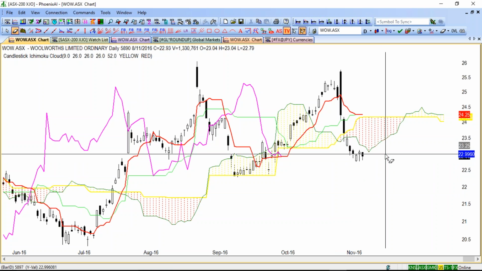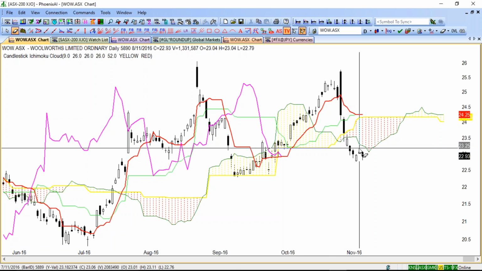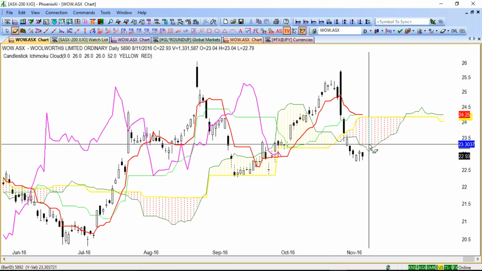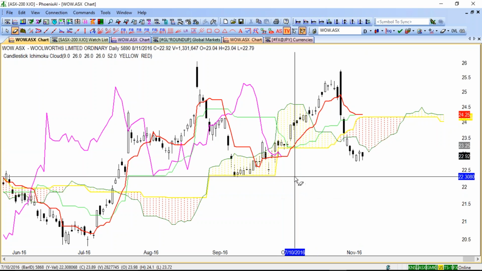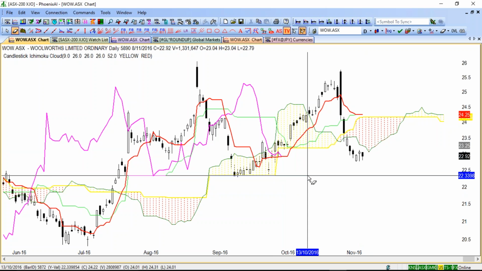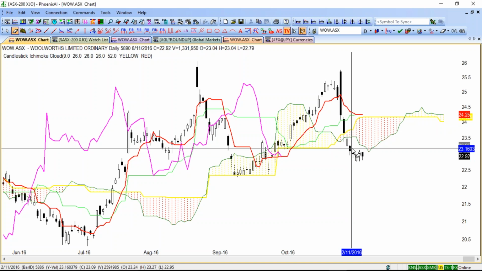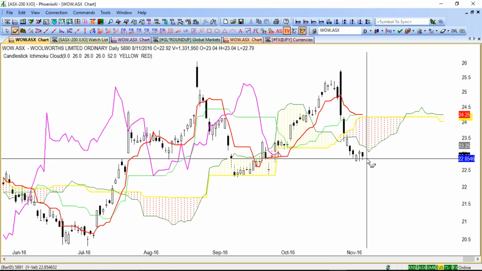The cloud supports are these flat areas here, and this one here at $23.19 could potentially be a resistance area on any forward price movement, and the next level support could potentially be down here at 22.33. So a little indecisive on the weekly chart, and certainly bearish on the daily chart using Ichimoku.